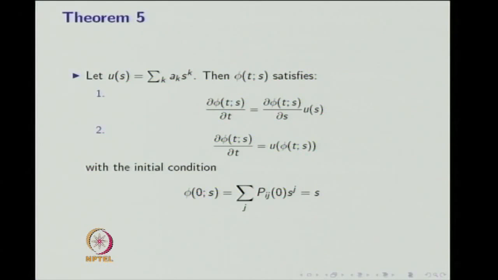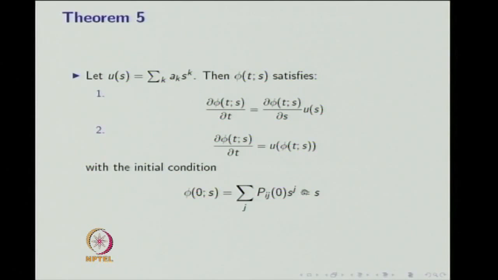the partial derivative of psi(t, s) with respect to t is equal to the partial derivative of psi(t, s) with respect to s multiplied by u(s), and the partial derivative of psi(t, s) with respect to t is the same as u(psi(t, s)), with the initial condition psi(0, s) equal to summation over j of P_ij(0) s^j, but that is nothing but s.